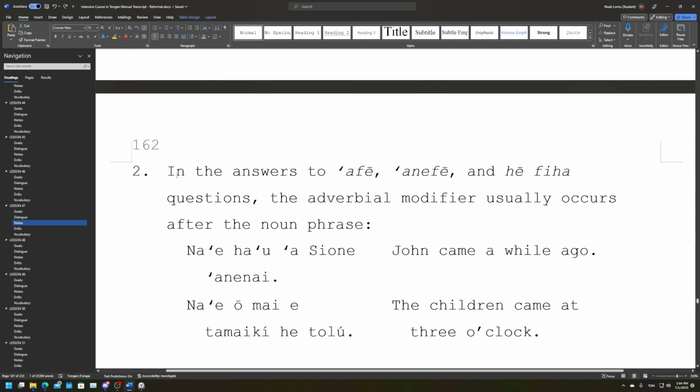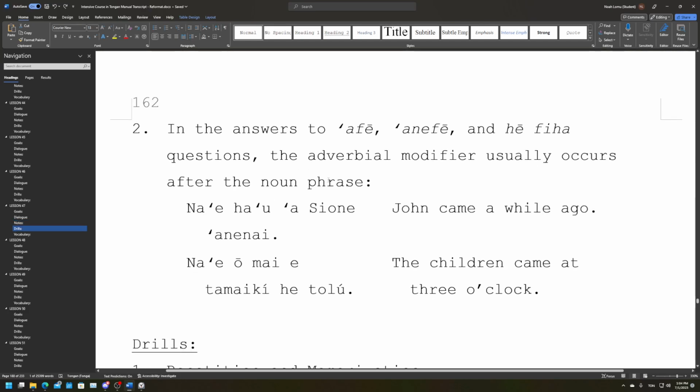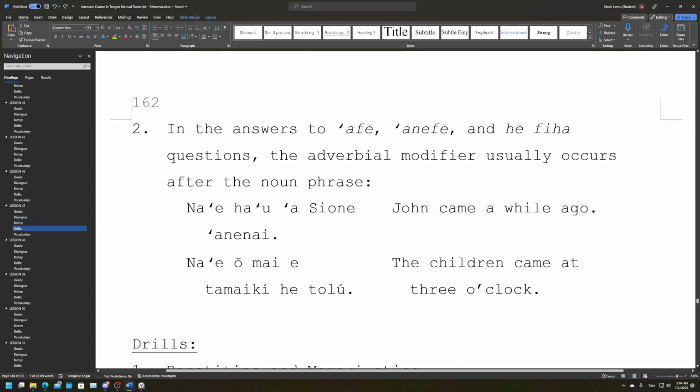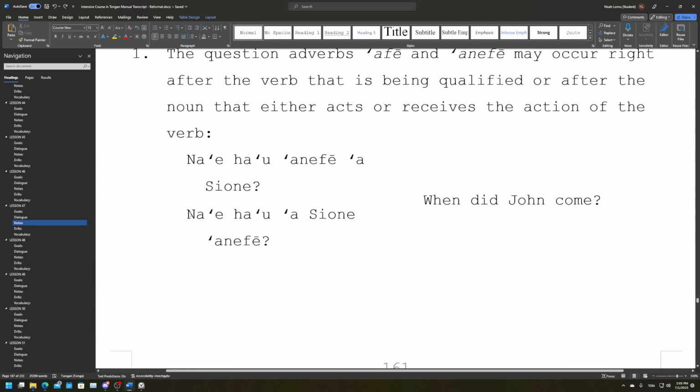But in the answers to afe, anefe, and hefiha questions, the adverbial modifier usually occurs after the noun phrase. You can see that Tongan naturally wants to keep the verb and the person, the agent, together, and that's why this is acceptable.